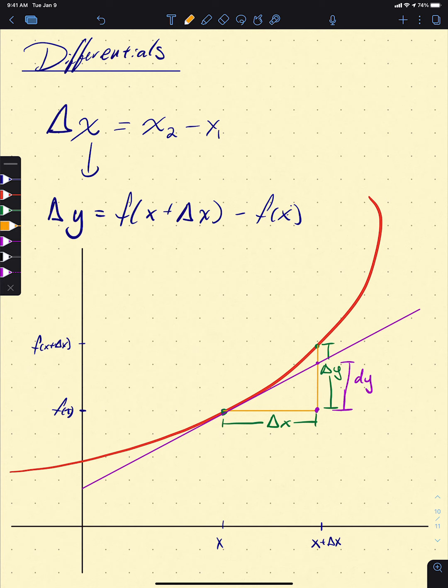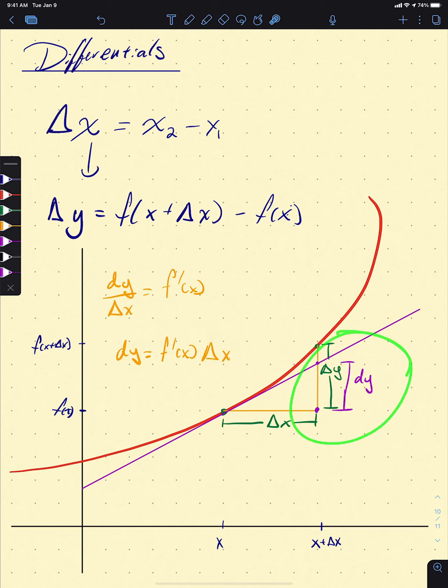I know this is a little weird and complicated, and I promise it'll make more sense once we start doing problems, but do bear with me here. Since I know that dy over delta x is my derivative at x, and this is not some weird dy dx thing, this is a physical fraction, that means dy is the derivative times delta x.